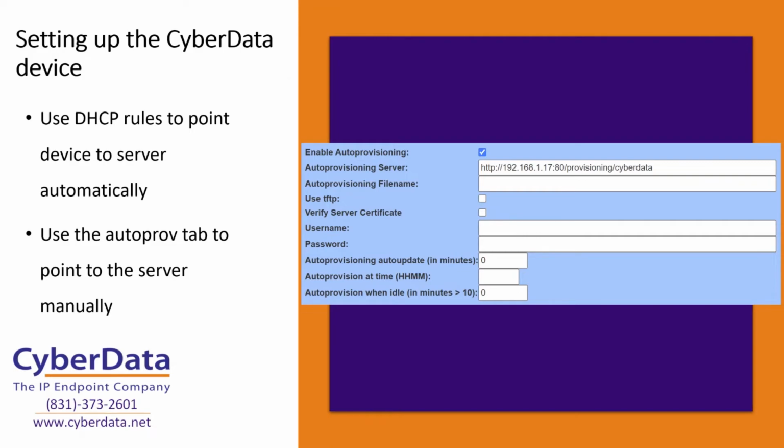And all of our devices by default will add an additional trailing slash to the end of that actual server field. So our device will actually look for files in that provisioning/CyberData/ directory. And by default, as we covered earlier, it's going to look for 2 files, one keyed with its MAC address and a 000000cd.xml file. So it's going to look for those 2 files, and if they exist, they're going to download them. And they do exist because we just loaded them in there.